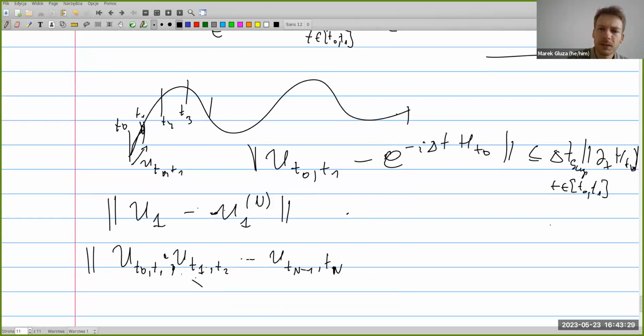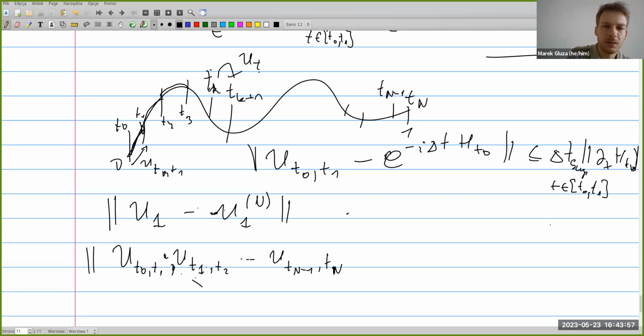Then the final thing is that we have our interval from 0 until 1, and we have those equidistant times t_0 to t_n minus 1. Basically because it's a linear equation, we have those propagation times U. If this is t_k and this is t_{k+1}, then from t_k to t_{k+1} I go with U(t_k, t_{k+1}).